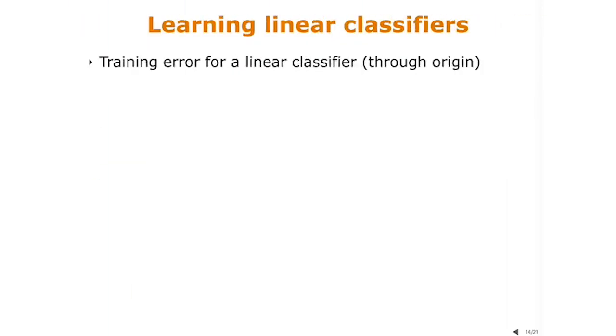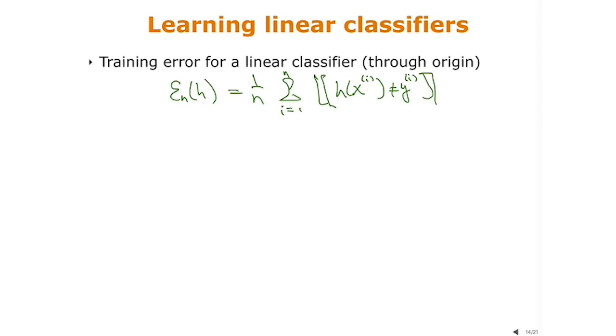All right. We defined earlier training error for any classifier as the fraction of training examples that are misclassified. So, in terms of whether or not the classifier applied to the training example disagrees with the given label for that example.